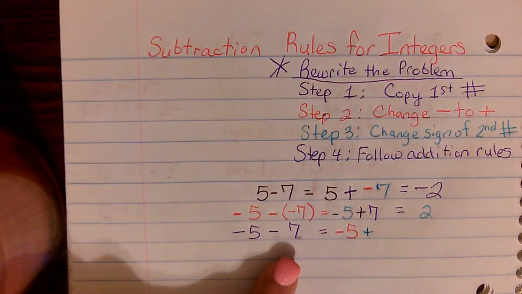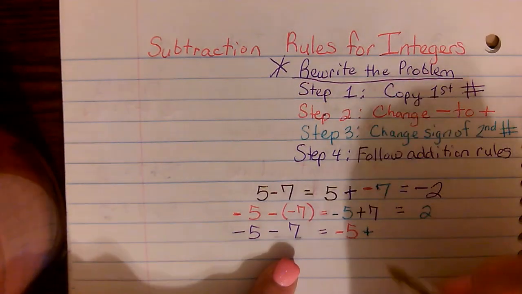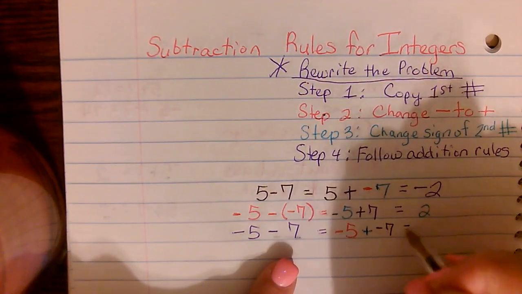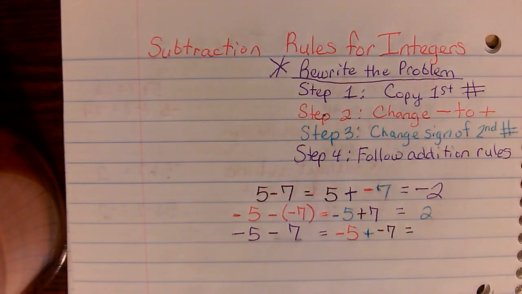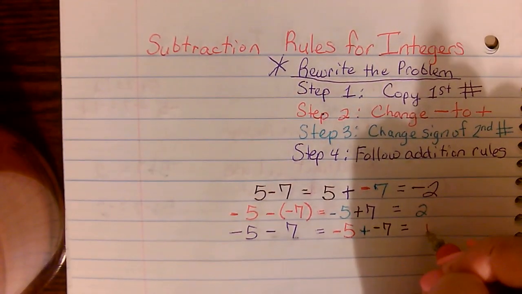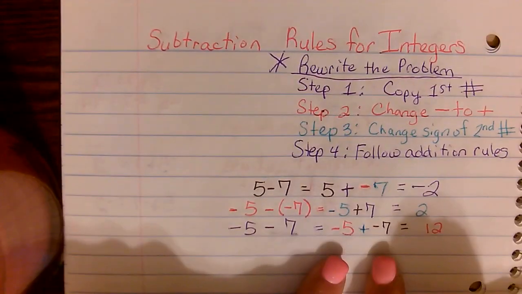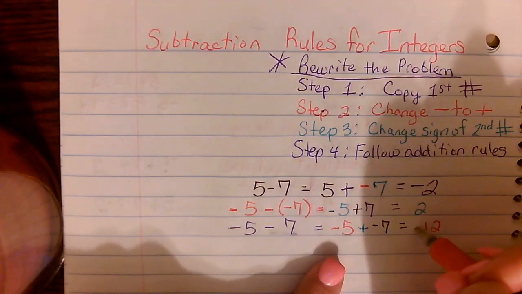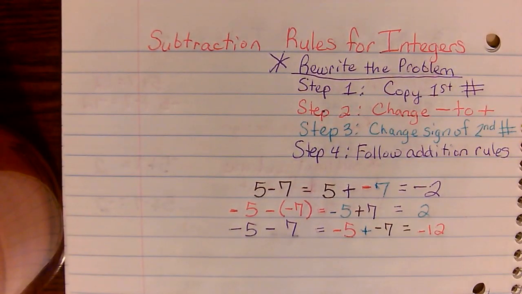And then 7 was positive, I'm going to make it negative 7. So now the rules of addition are, if the signs are the same, I add and take the sign. Well, 5 plus 7 is 12. Both signs are negative, I take the sign. So the answer is negative 12.